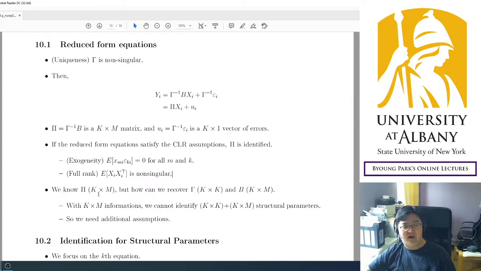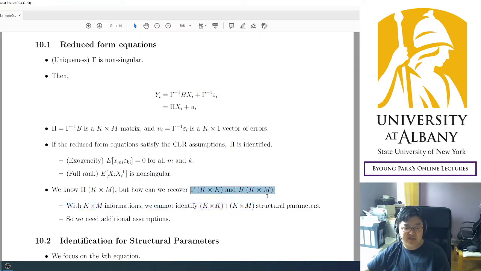Then, since we know pi, how do we identify the underlying structural parameters gamma and beta? Clearly you see the different dimensions. Pi is k by m, but gamma is k by k, and beta is k by m.